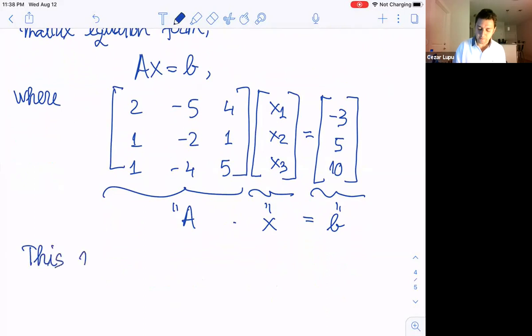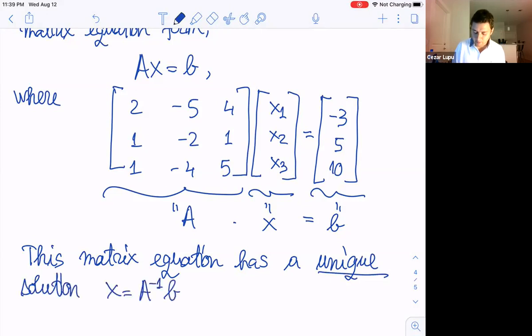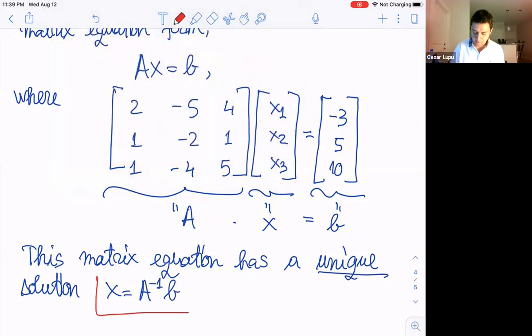This matrix equation has a unique solution, X is A inverse times B, right? We know this. We have proven this, and it's very easy to see.